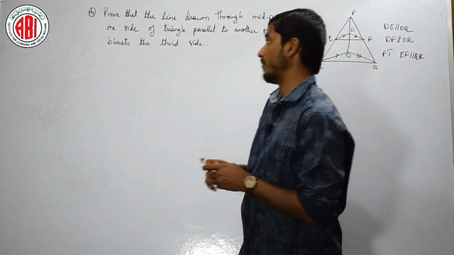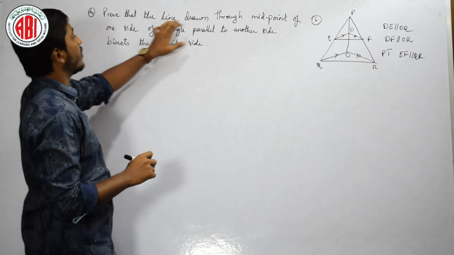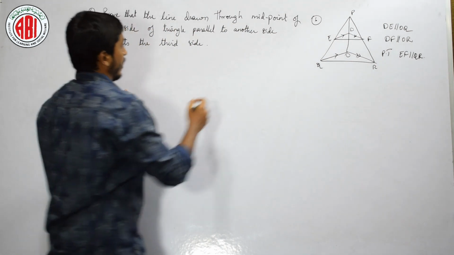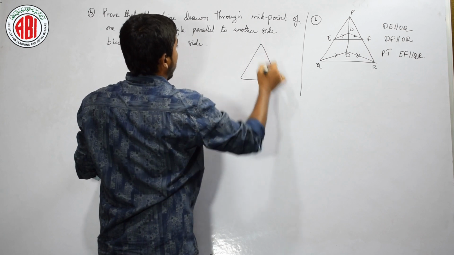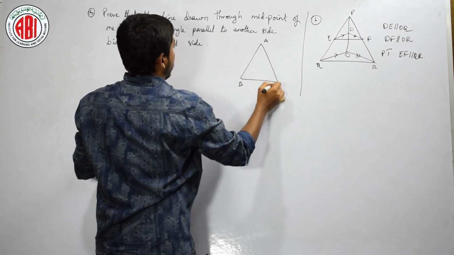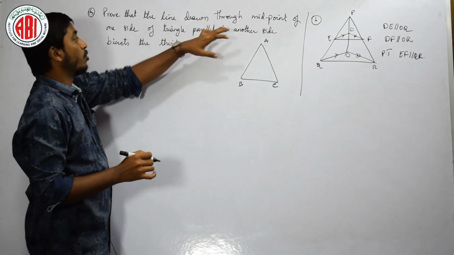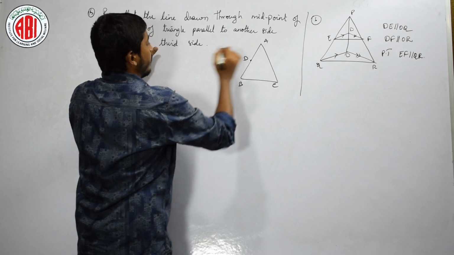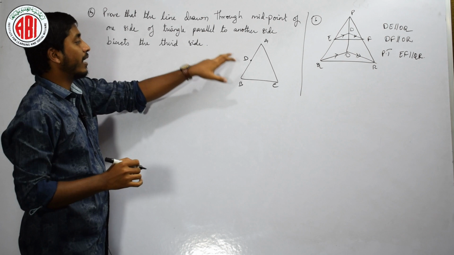The fifth question in your textbook says: prove that the line drawn through the midpoint of one side is parallel to another side. Let us draw the diagram. If this is a triangle, let us assume it to be ABC, right? He is telling that a line drawn through a midpoint of one side, let us assume midpoint D, is parallel to another side.